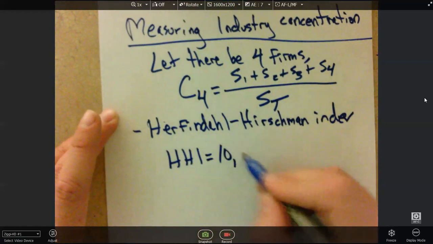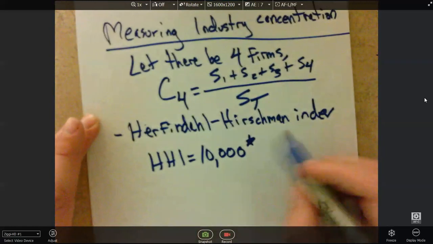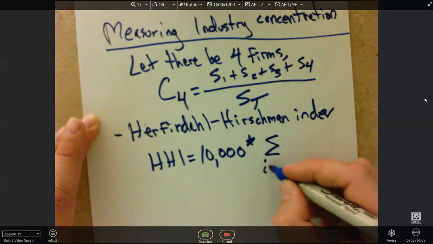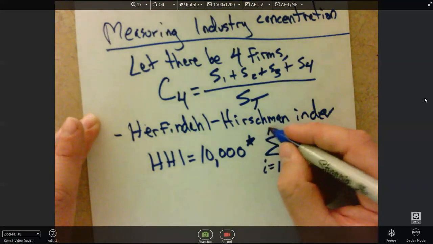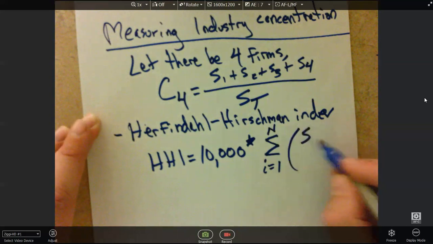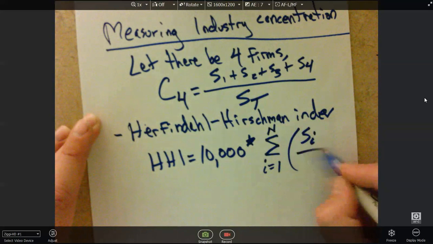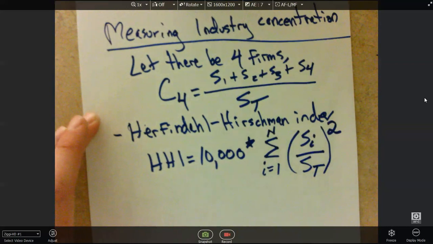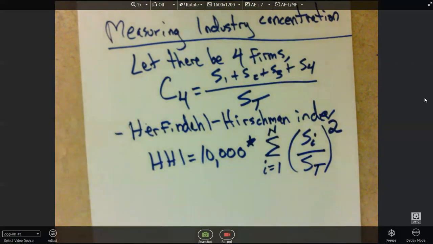And this is scaled, multiply 10,000 times the sum from i equals 1 to N, where N is the number of companies in the industry, of S_i over S_T, squared. So we will do many examples of this in class starting on Wednesday with some real world counterparts, so it won't just be so esoteric and vague.